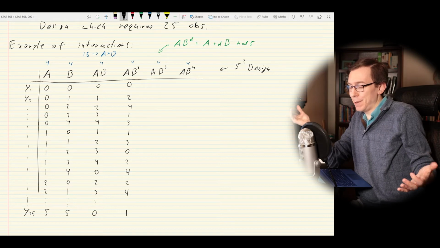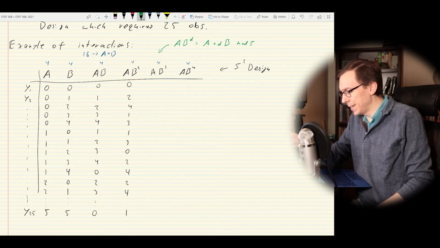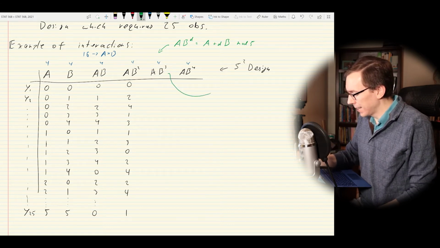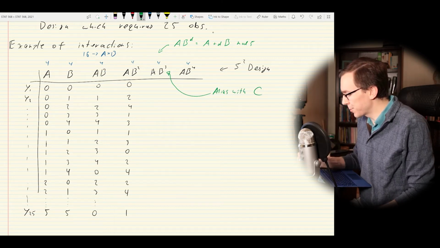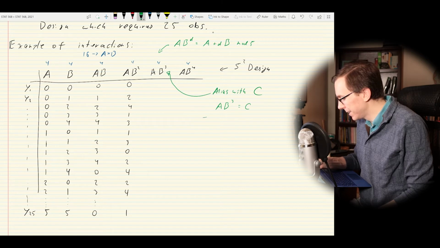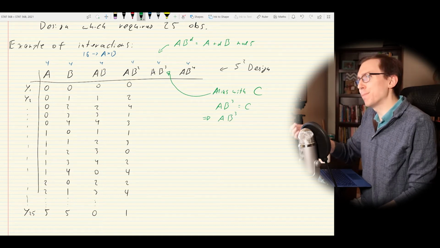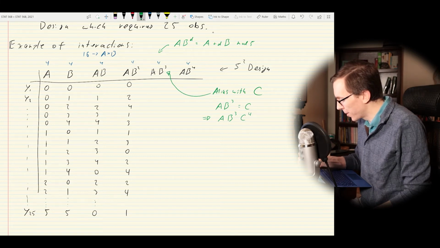But ultimately, we might not care about these interactions because they're kind of hard to understand. So what we can do is pick an interaction like this one and say alias with factor C. So we come up with the relation that AB cubed is equal to C, or equivalently, if we move everything to the same side, we would end up with an AB cubed C to the 4. When we move C to the other side of the equation, it becomes C to the 4.